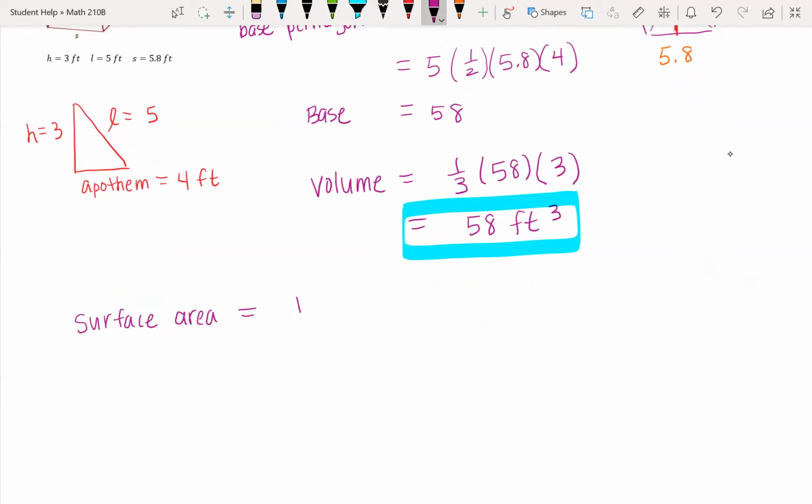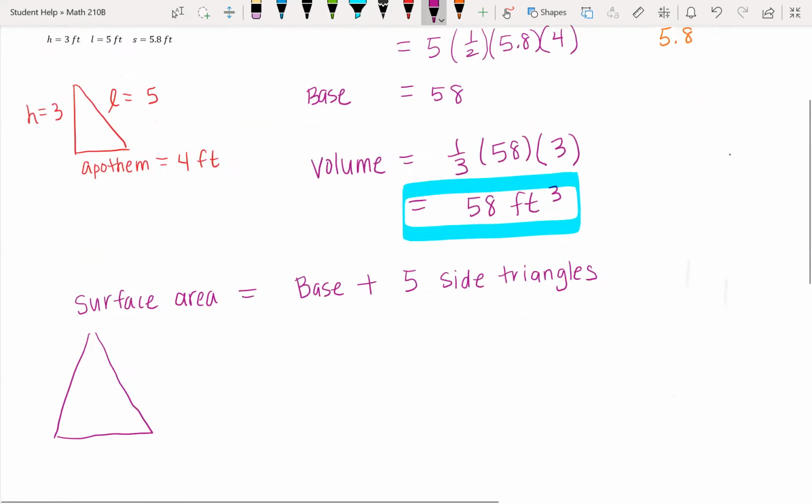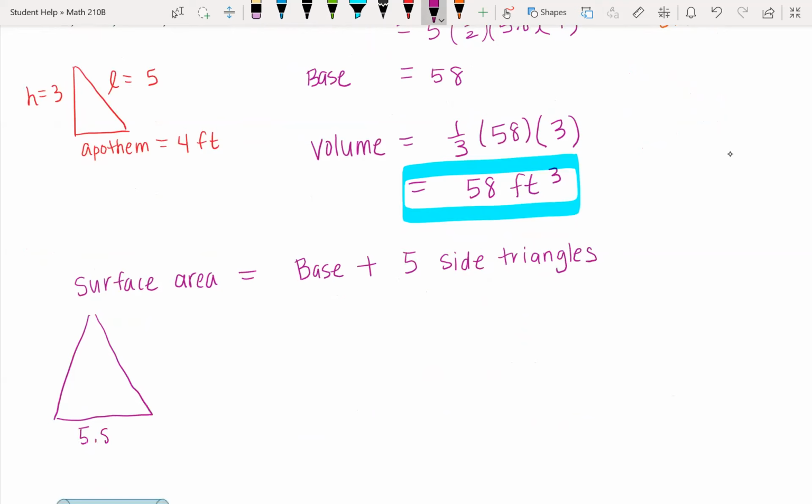The surface area will be 1 base plus 5 side triangles. So let's think about each side triangle one at a time. We know that the bottom of that triangle is 5.8 because it's the side of the base. The height is the slant height, which is 5. And so each of those triangles will have 1/2 5.8 times 5 in this case.